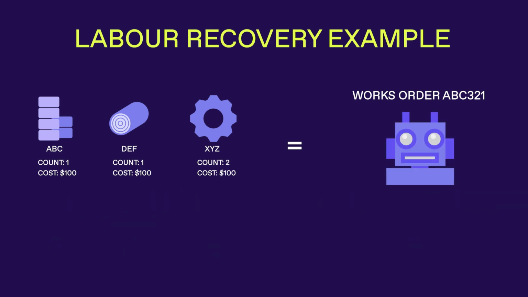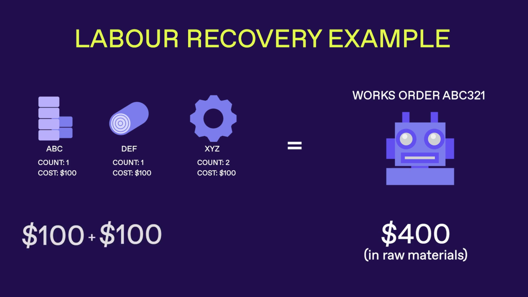And that finished good will have a raw material value of $400. We had two items worth $100, and then we had another two items of an item also worth $100, so $400 worth of raw materials goes into that product.